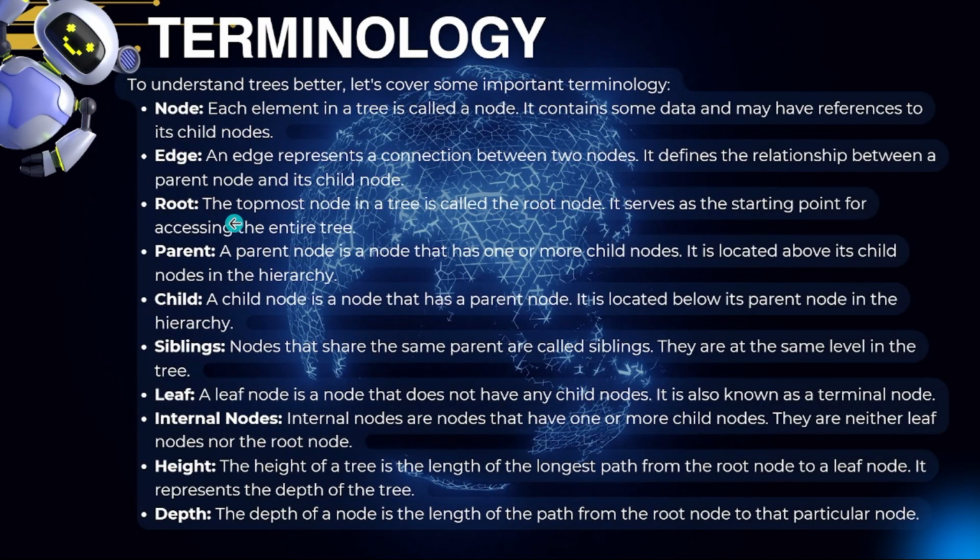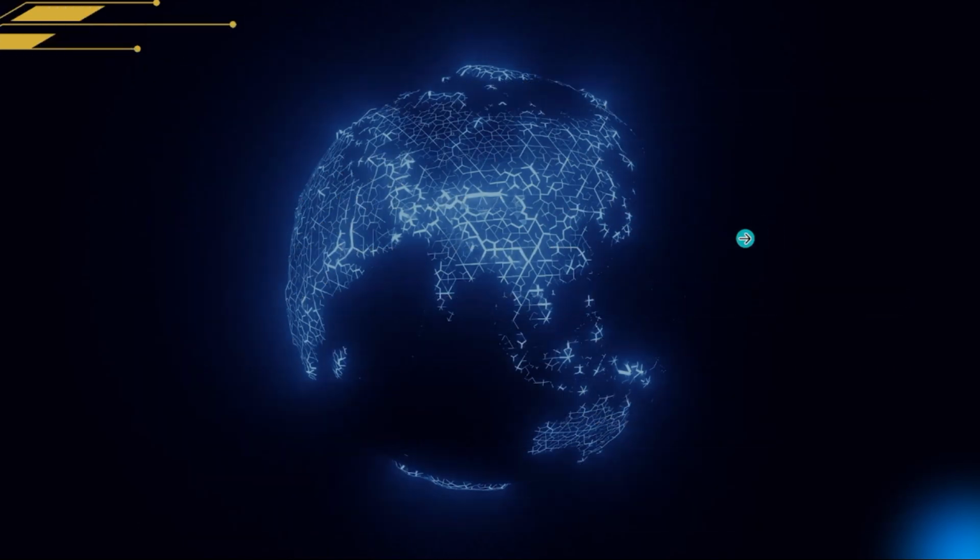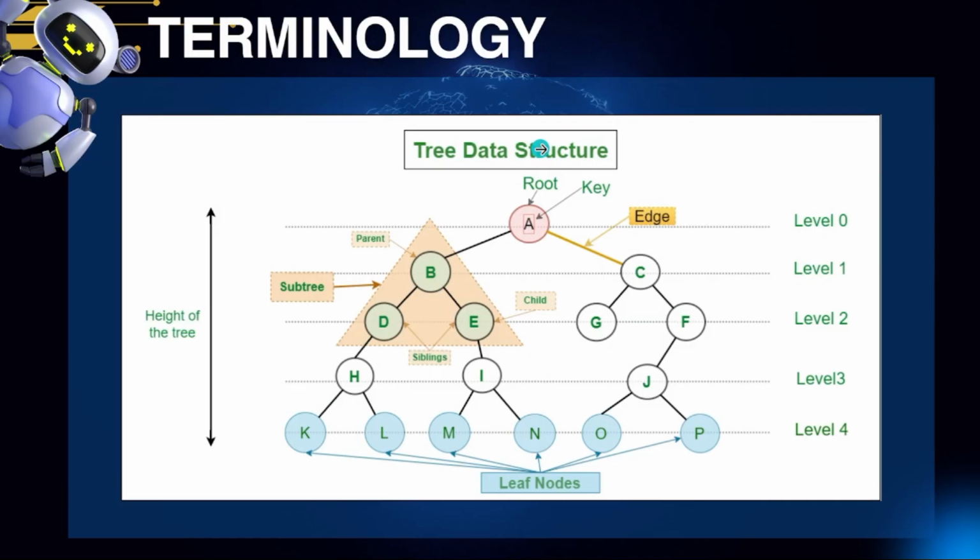So root node, our root is the topmost node in a tree is called the root node. It serves as the starting point for accessing the entire tree. So this is the root node, ang pinaka first jud nga node. Kana mao na siya ang root node.